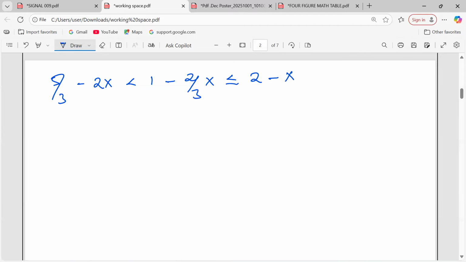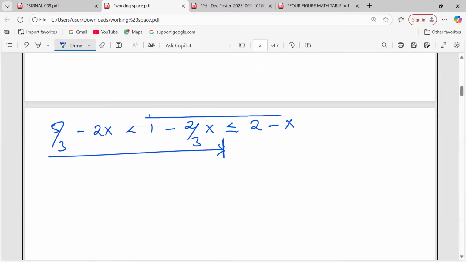Then the second simple statement shall be running from this point. So there'll be 2 simultaneous inequalities now. The other one starts from just after the first inequality symbol all the way to the last term.